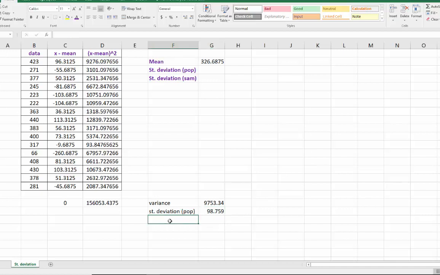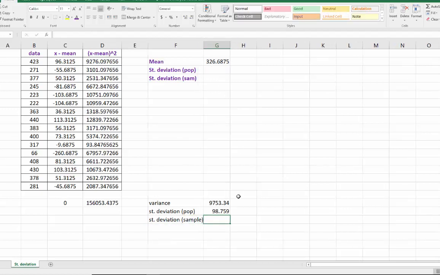Now if this set is considered to be a sample, so let's do sample. What is the difference? If you remember the formula, the difference was that we divide by n minus 1. This summation right here is divided by n minus 1. So let me find that summation divided by 15 first.